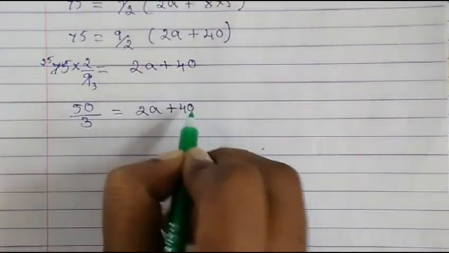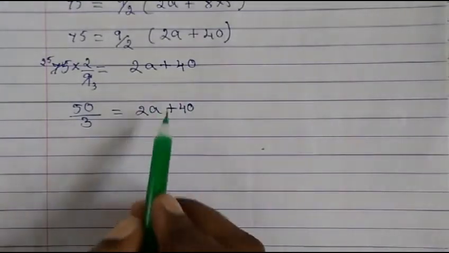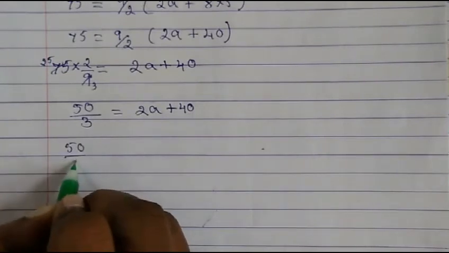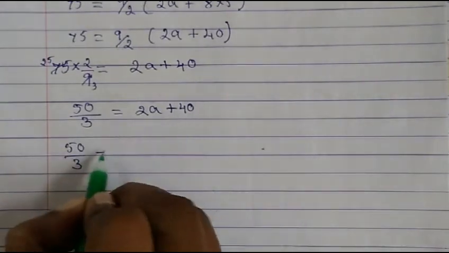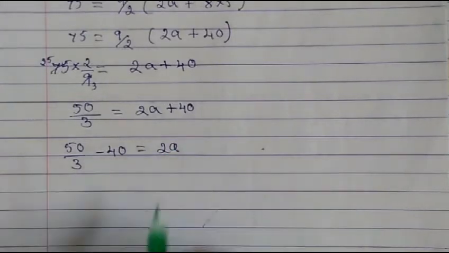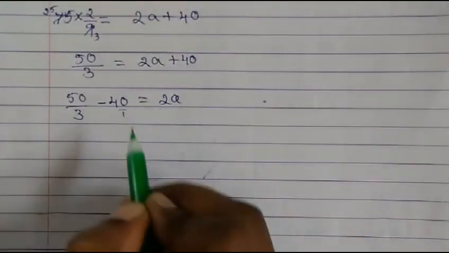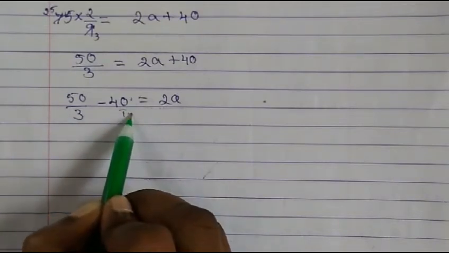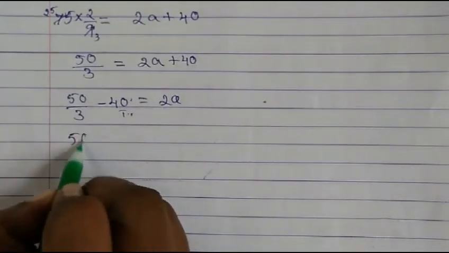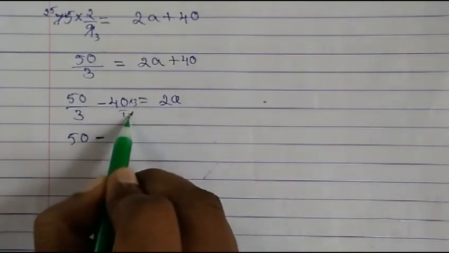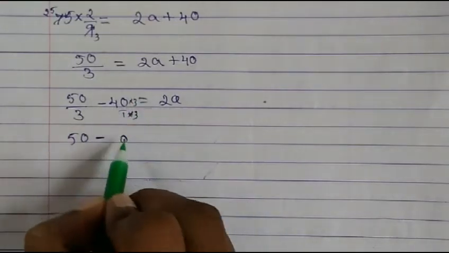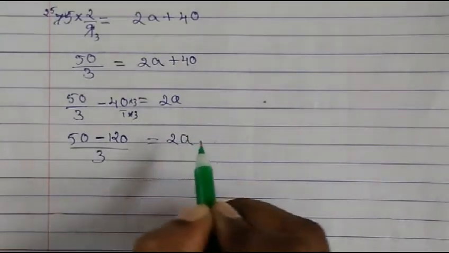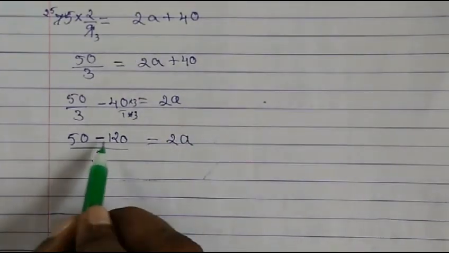So 2a plus 40. Now let's bring this 40 to this side. So we have 50 upon 3, plus 40 comes this side and becomes minus 40. Here in the denominator nothing is there, we'll consider 1. So now to get rid of the 3, both sides we multiply with 3. So we'll get 50 minus 120 equals 3 times 2a.